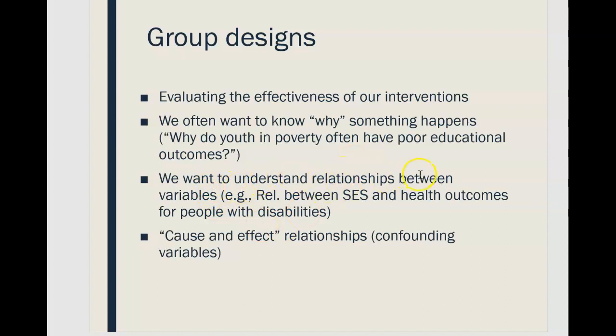We want to understand relationships between variables, the relationship between socioeconomic status and health outcomes, right? And often we hope we can say something about cause and effect in those relationships. But again, there's a lot of confounding variables, even when we do this gold standard, this randomized treatment and control.